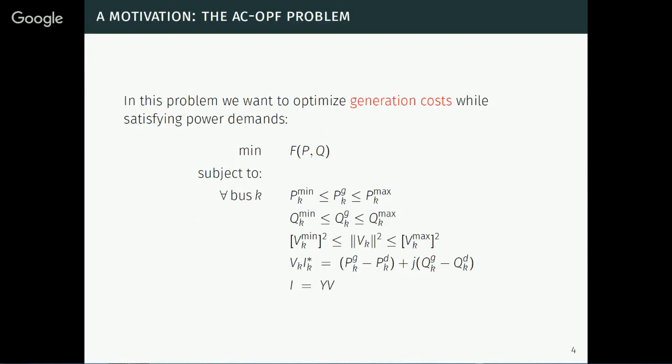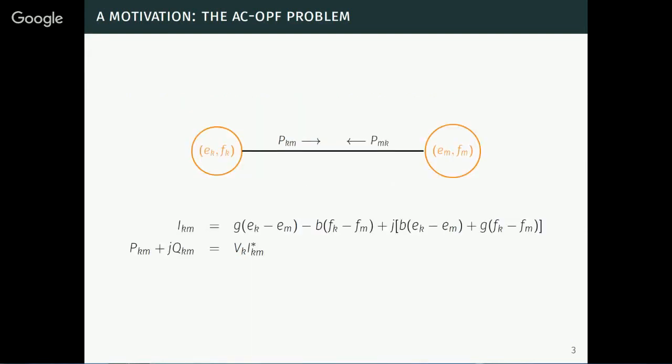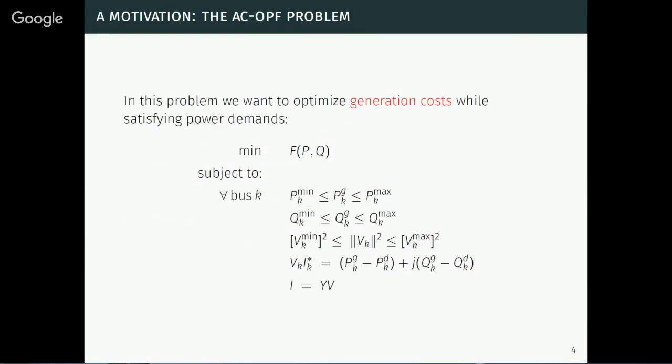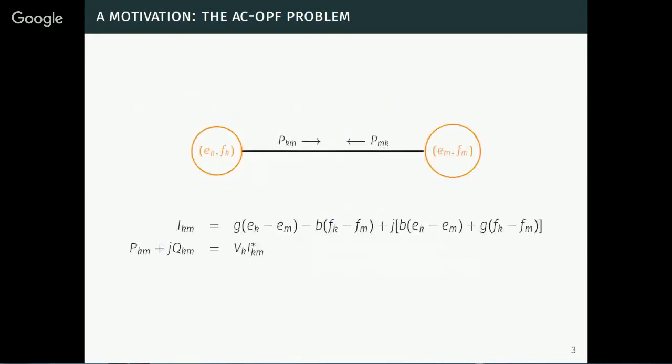In general, the cost function is fine. It's a convex quadratic function. So that part is okay. The problem comes from these equations that I pose here. So you want to minimize the production of power subject to some demands, and of course adding these equations that relate the voltages with the powers.